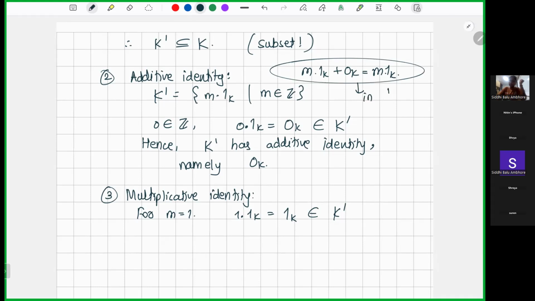So this identity which we obtained here, this 0k, is the same identity as my original field k, and we show that it's also in k dash and it satisfies all these properties because of inherited addition from k.